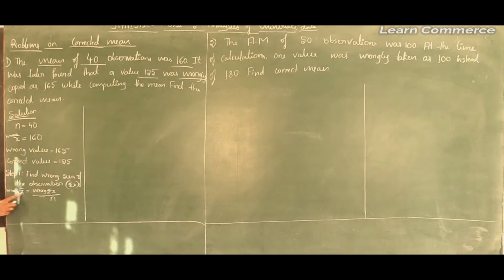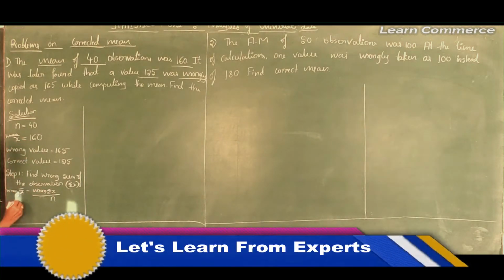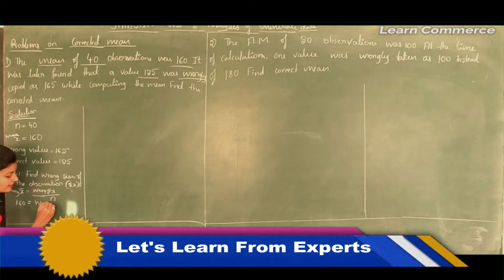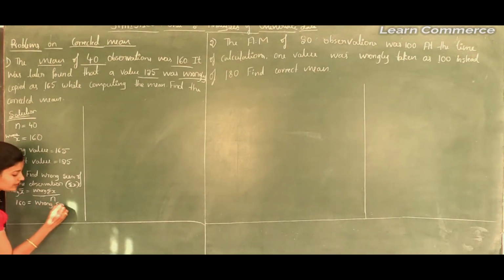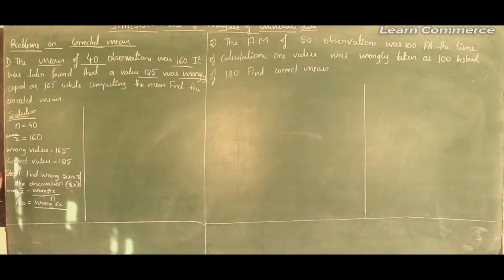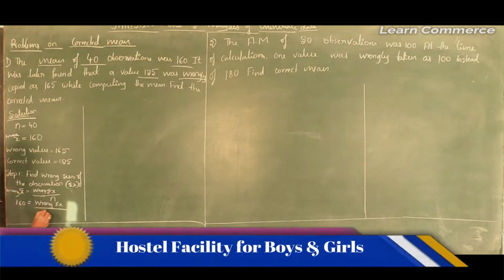Wrong x bar, 160, is equal to wrong summation x, which we need to find, divided by small letter n. Here n is 40.